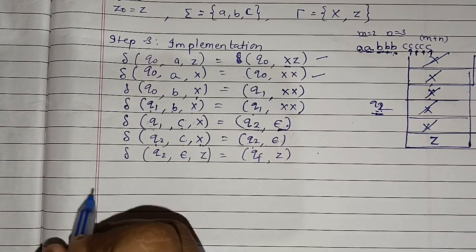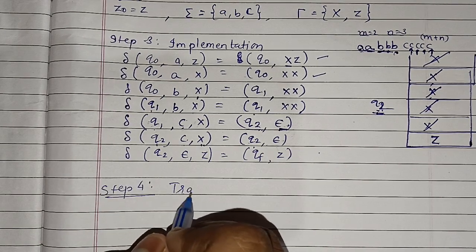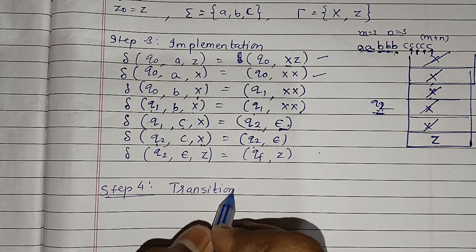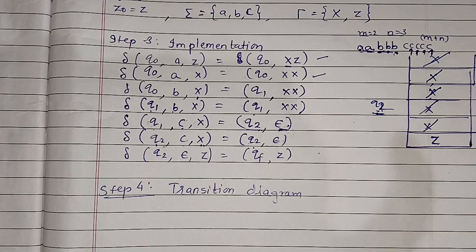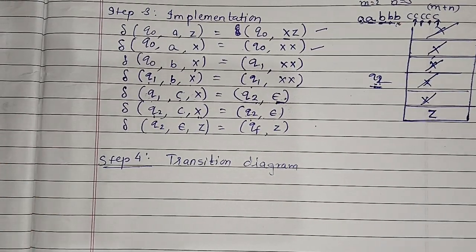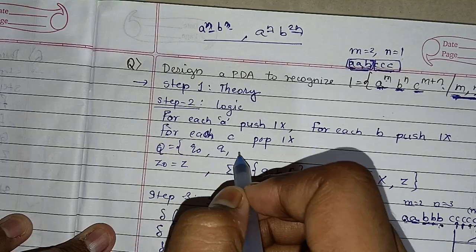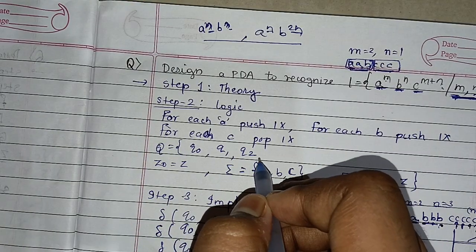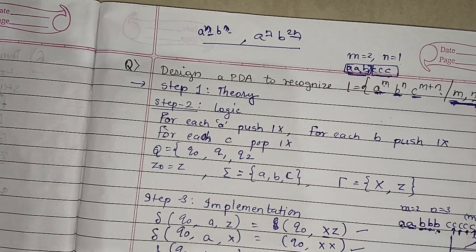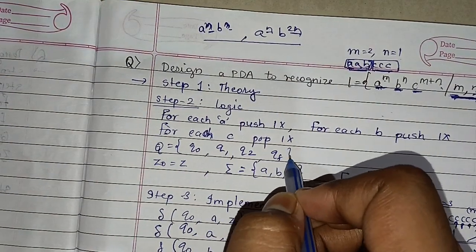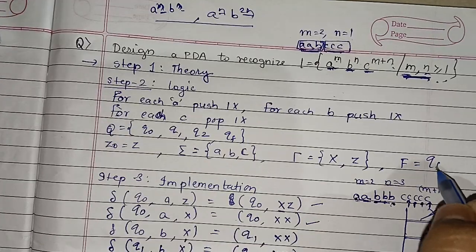Based on it, I will draw the transition diagram. Now see, there are three states, I am writing Q0, Q1, Q2, and Qf will also come, and I write the final state as Qf.